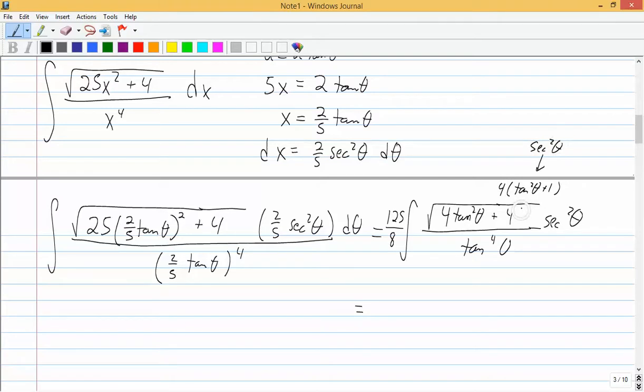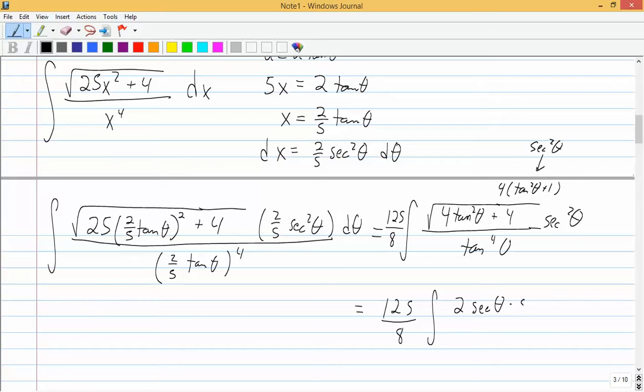And you can take the square root of that, right? The square root of 4 secant squared theta is 2 secant theta. So I have 2 secant theta. That's what comes out of all of this.